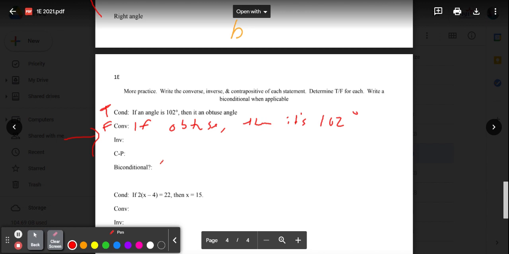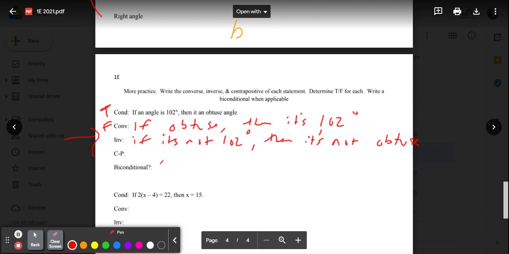The inverse would be if it's not 102 degrees, then it's not obtuse. True or false? Well, hopefully we said false.